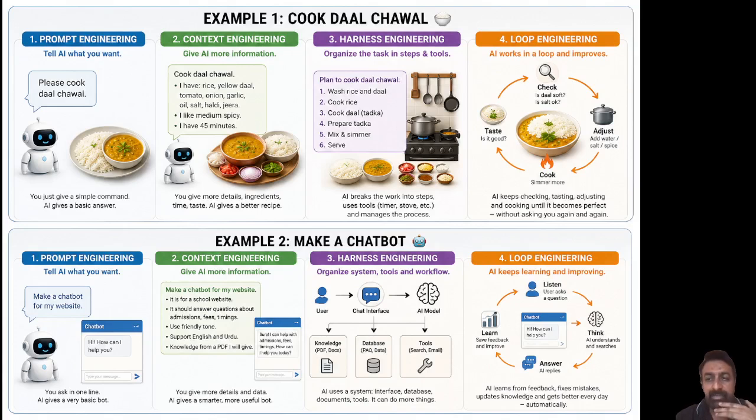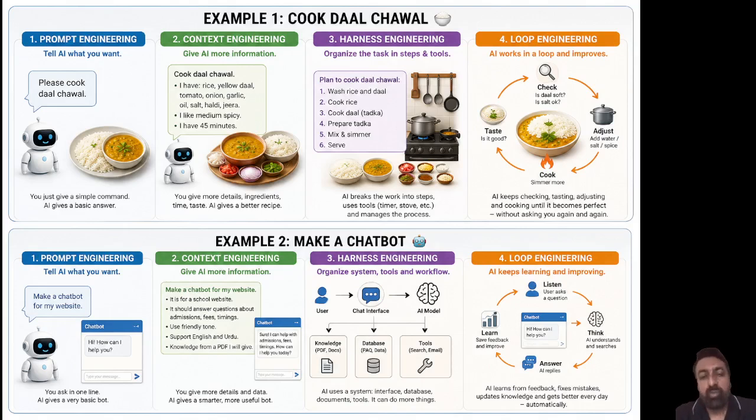But the problem is, if you give the whole task as one prompt, it will forget some details, and it will also repeat the old mistakes. So that is why we needed the next concept, the next engineering, which is called harness engineering.